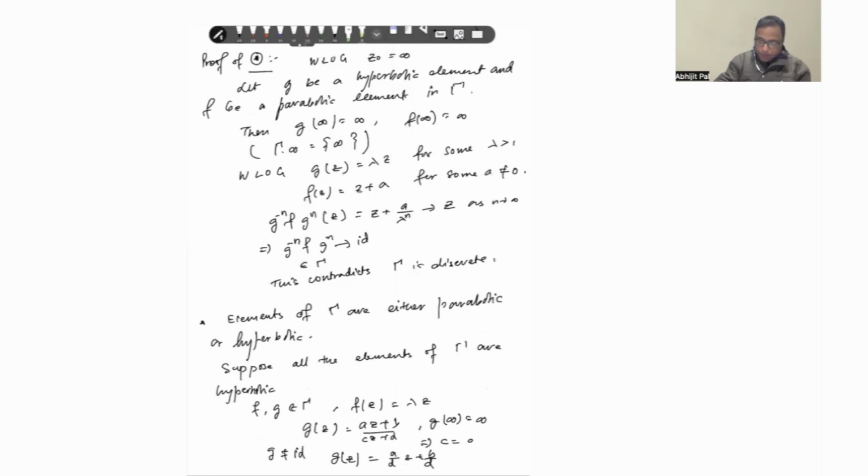Suppose we have two elements, one parabolic and another hyperbolic, which fix the same point in the boundary. Without loss of generality, I'll take that point to be infinity. So let g be a hyperbolic element and f be a parabolic element in gamma such that g fixes infinity and f fixes infinity. Also note that by our assumption, this orbit is just the singleton point infinity.